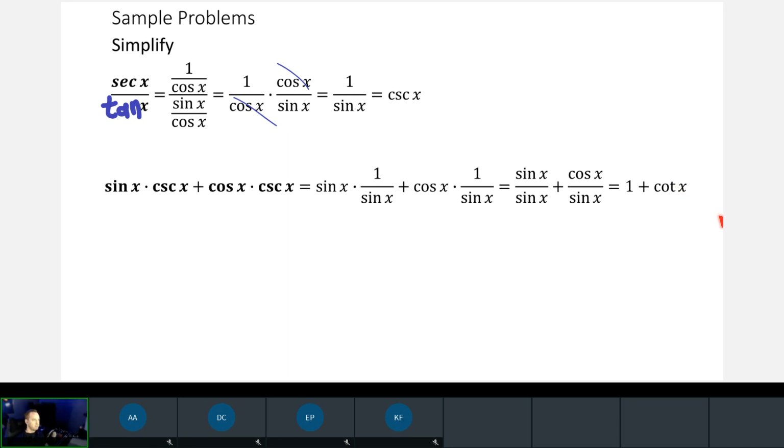What's your question? So how come for the sine x and the cosine x, we didn't put 1 over cosecant and then 1 over secant?